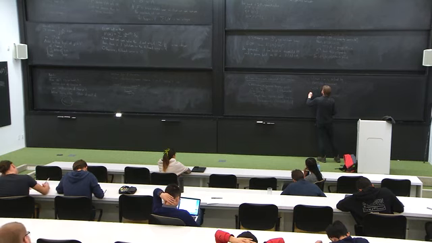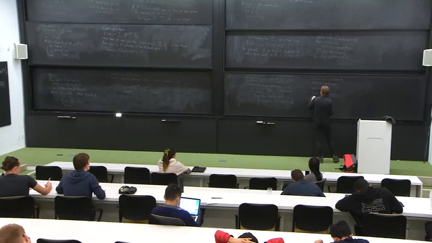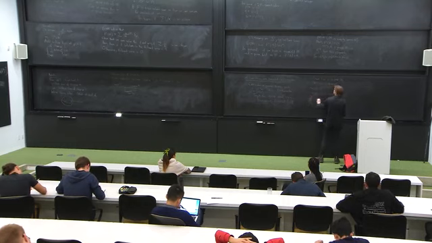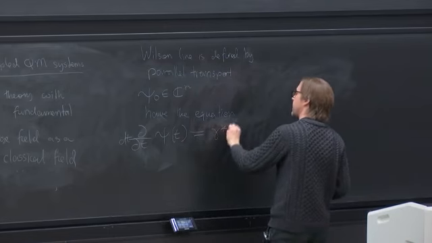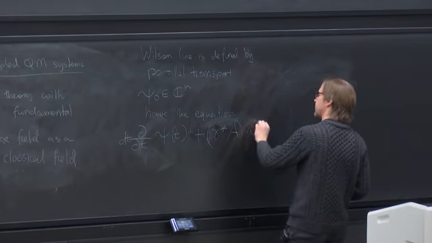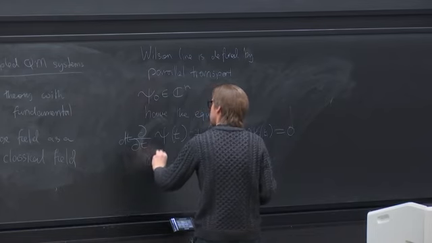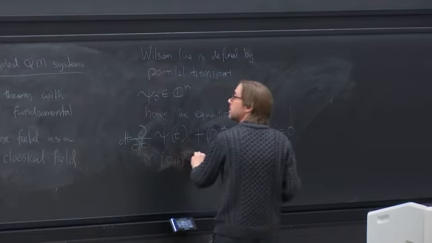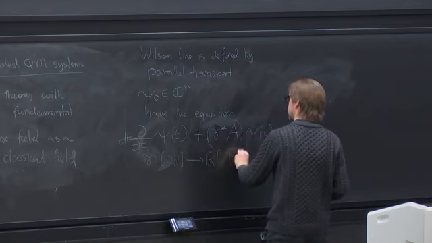We have the equation d/dt of psi(t) times dt is equal to gamma star of A, plus gamma star of A psi(t) is equal to 0, where gamma is the path.